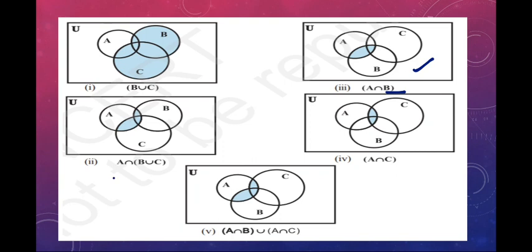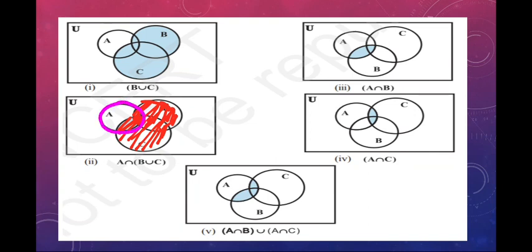This is the diagram of A intersection (B union C). Why? Let me explain it. First of all, B union C is this whole orange portion. And A set is this one, right?